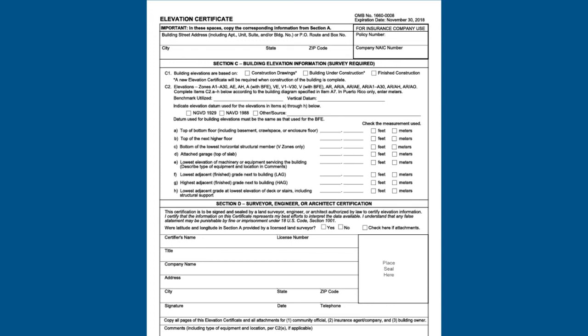Then you're going to add whatever photographs you have to that, and that will be submitted with your application. And you need to be aware of what elevation you're going to be using to rate that flood policy. So you need to know the rules on how we rate based on elevation difference.